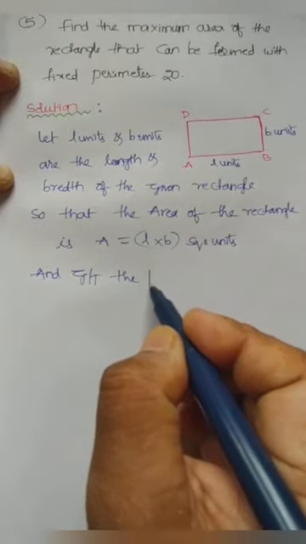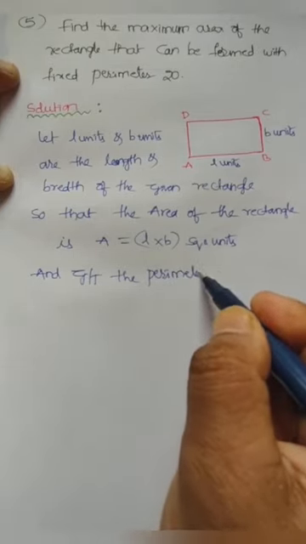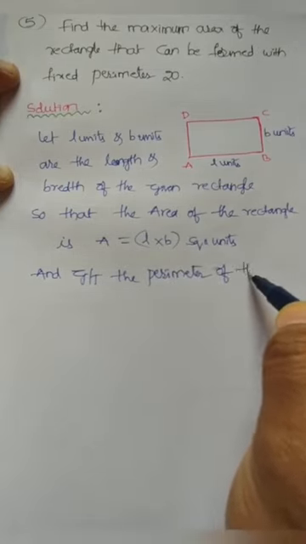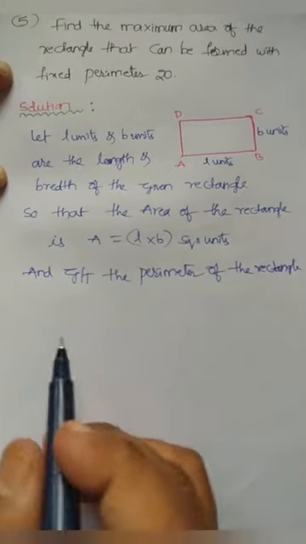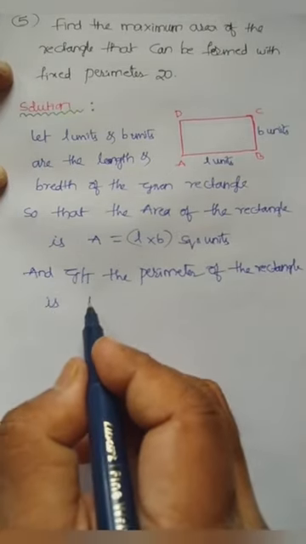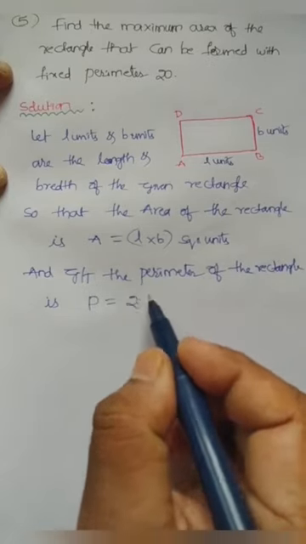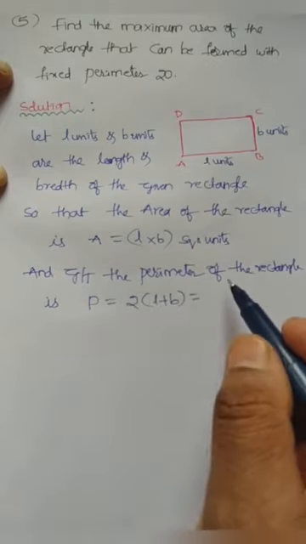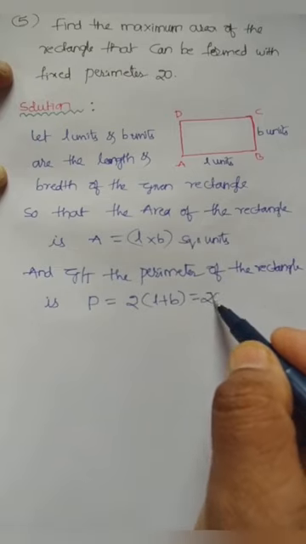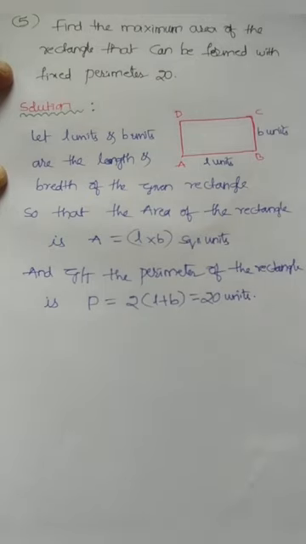The perimeter of the rectangle is, suppose it is P. What is the formula for the perimeter? 2 into (L plus B) is equal to, you had given 20 units. I am supposing it. You had given 20.